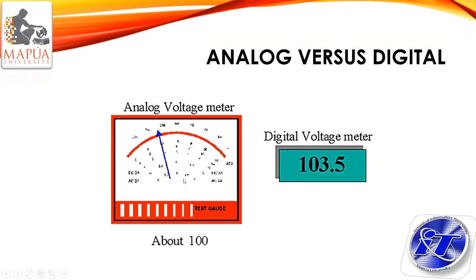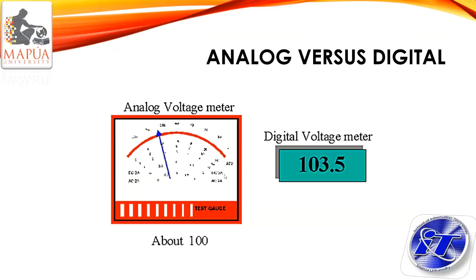In analog, we use a needle to determine the voltage of our circuit. The needle moves from left to right to determine how high the voltage is or how low the voltage is. While in digital voltage meter, it will just give us an exact value.